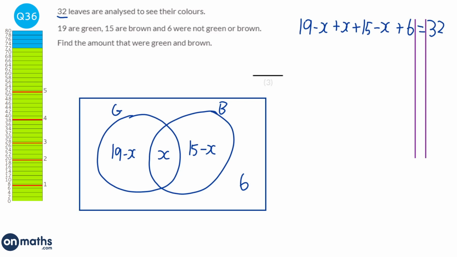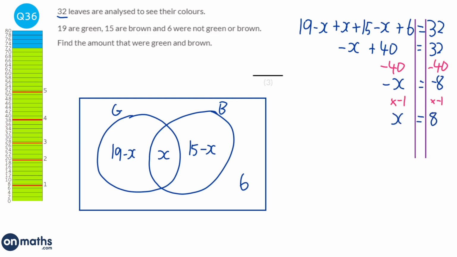So we've got minus X and minus X, that'll be a minus X. And we've got 19 plus 15 plus 6, which will be 40, equals 32. We're going to take away the 40 both sides. And we can just times by minus 1 both sides to make them both positive.